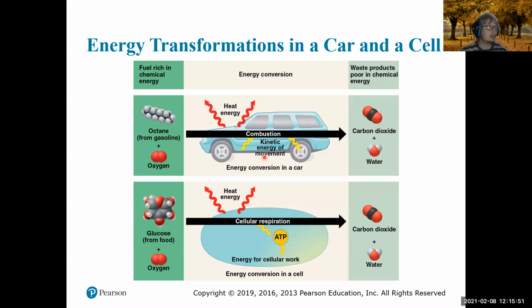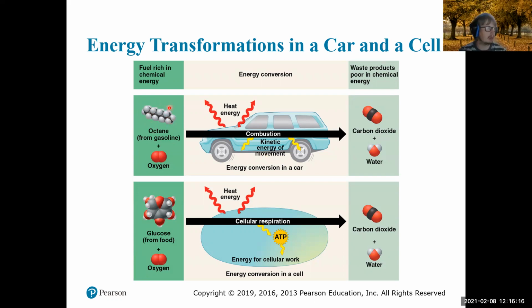And so we said that both machinery and cells use a similar process in conducting work and generating energy to undergo either mechanical processes or cellular processes. And both of those come from chemical energy.